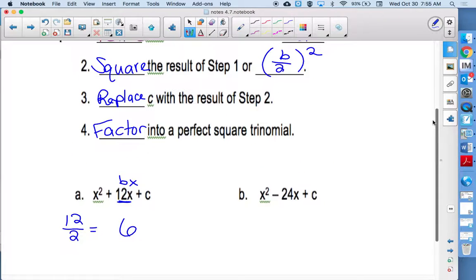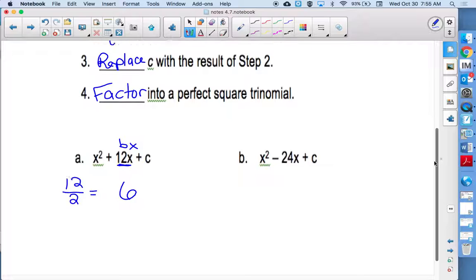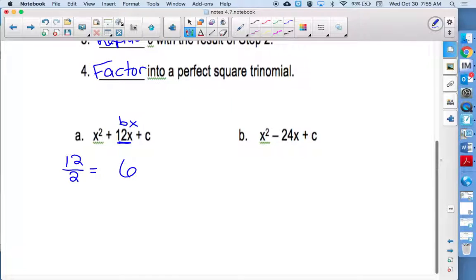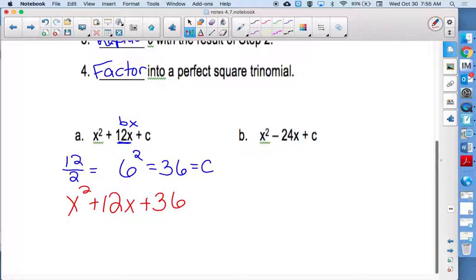The second step says to square the result of that value. So now I'm squaring it, and I get 36. That's c, because it's now a perfect square. So I'm going to replace it and make an expression, x squared plus 12x plus 36. So I've created a problem that is now a perfect square trinomial.